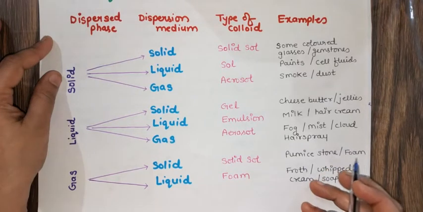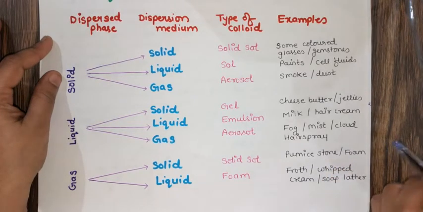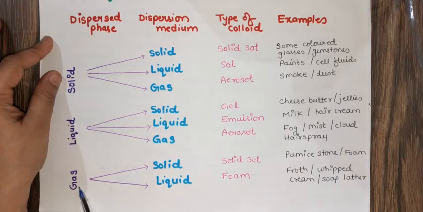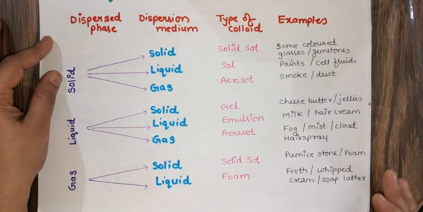As you have seen, pumice stone is used to clean the skin, the damaged dead part of the skin. If gas is the dispersed phase and the dispersion medium is liquid, then the type of colloid will be foam. You all know about whipped cream, froth flotation, soap, lather, all these things.